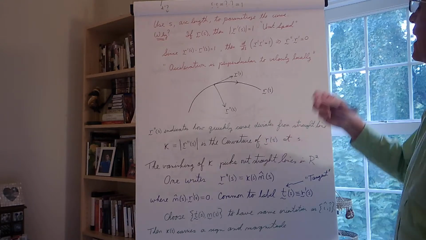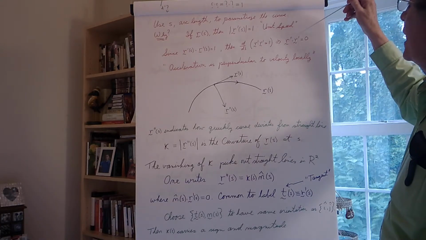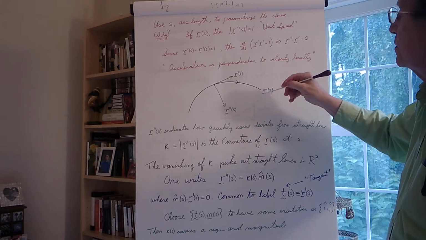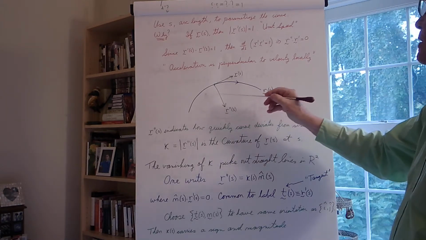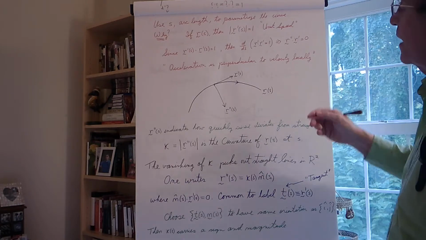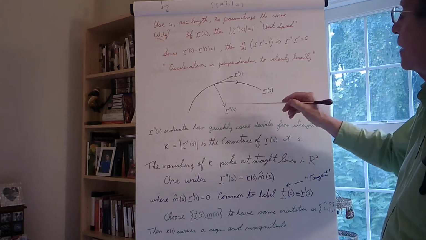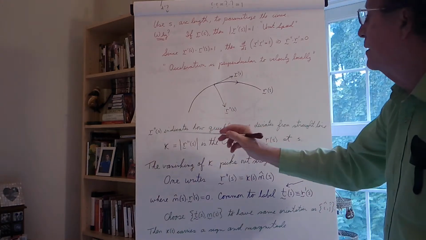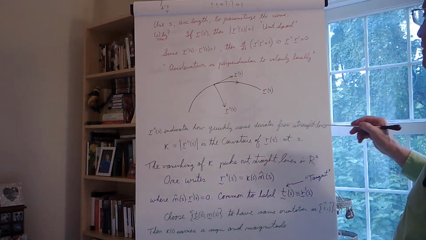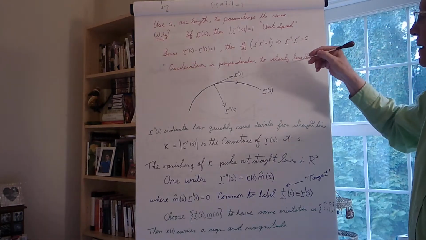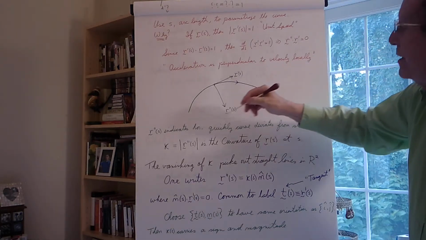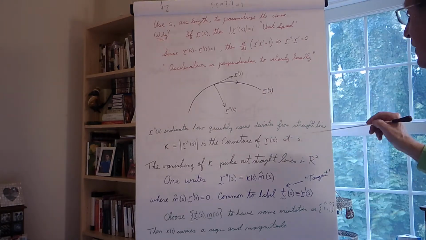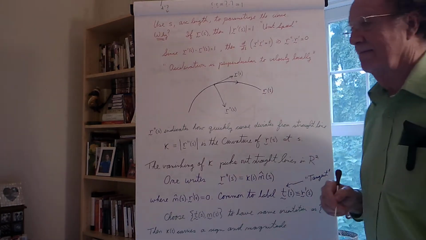Then r double prime is perpendicular to the tangent. I've drawn it in this direction because the curve is bending in that direction. So if I have a numerical example, r double prime would point positively in that direction. And r double prime indicates how quickly the curve deviates from a straight line. So the magnitude of r double prime is by definition the curvature of the curve at s.